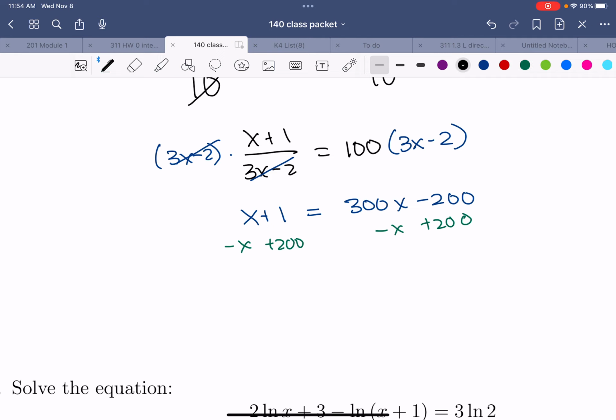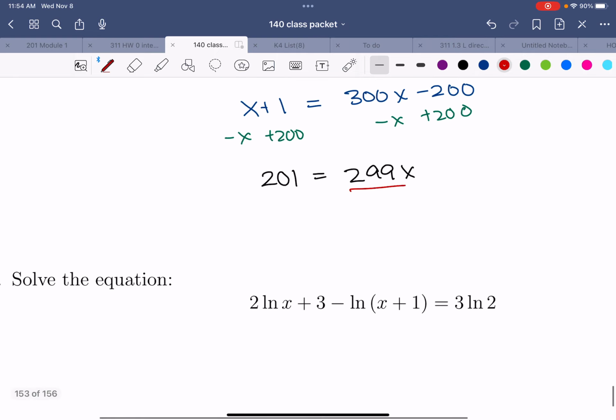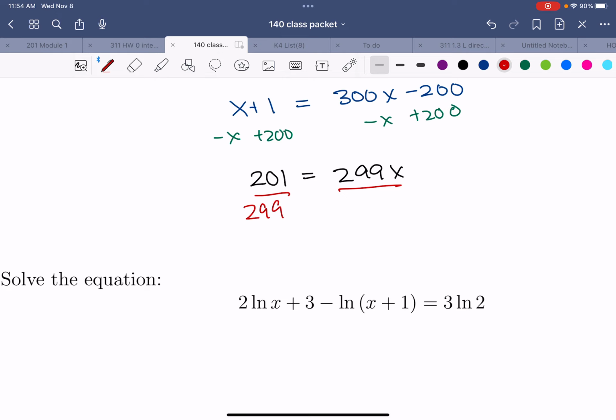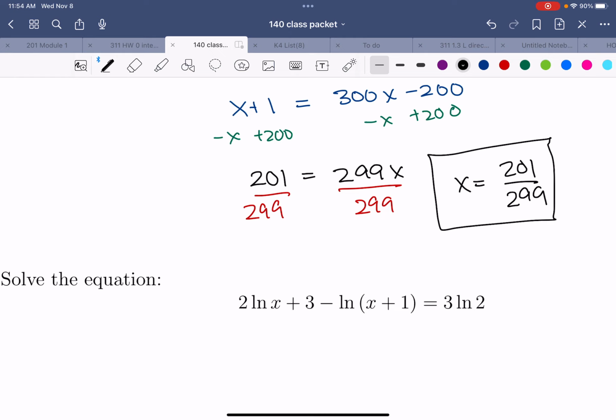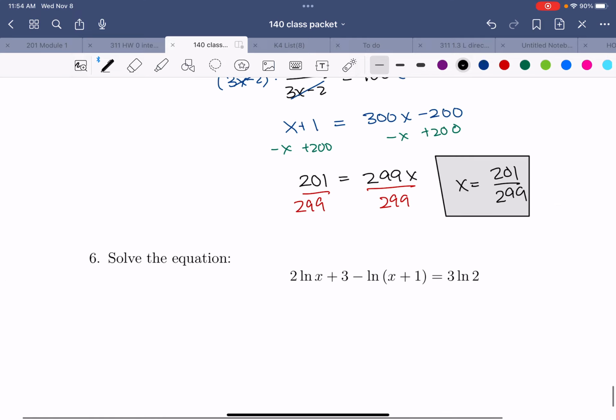That's going to give us 201 on the left and 299x on the right. And then we want to divide both sides by 299. And so your x is equal to 201 divided by 299. Okay, which is a funky fraction, but still correct.